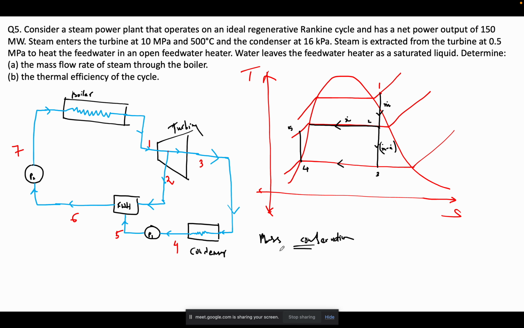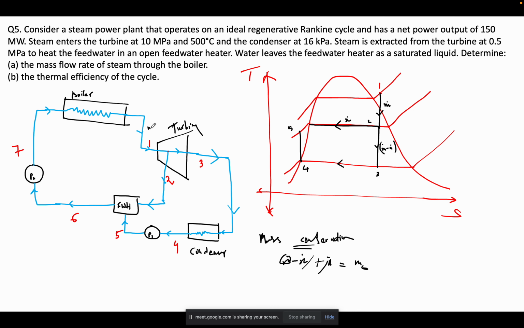So you can get that at the feed water heater, these two are coming: m dot minus x dot from point 5, plus this x dot is coming. So whatever is left out, m6, is nothing but m dot. So whatever m dot was flowing here is again coming in here.